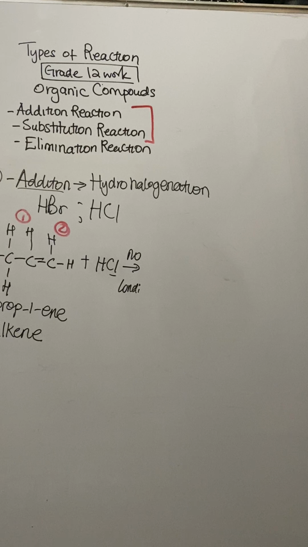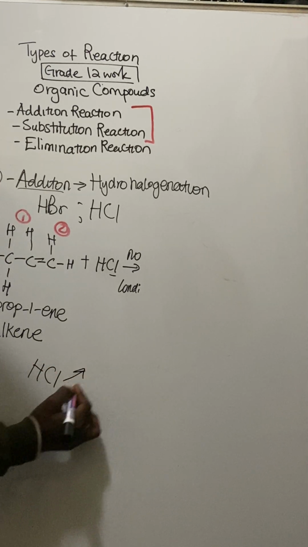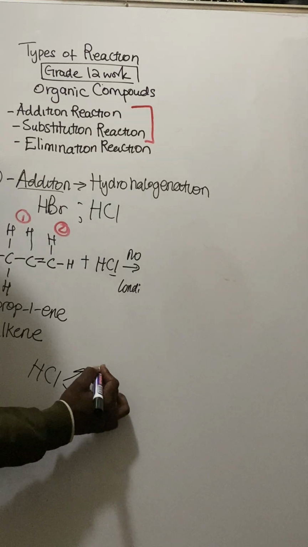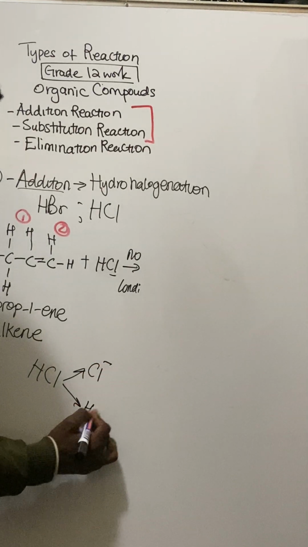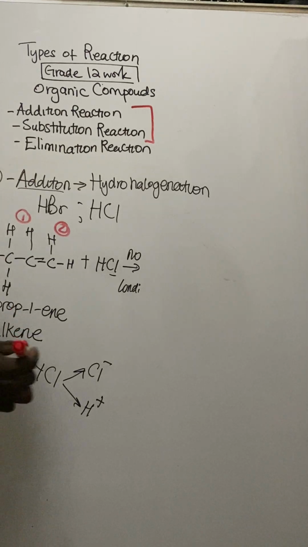So what is going to happen? The hydrogen chloride will break itself, making it Cl minus and H plus. Now what is going to happen? The chlorine ion will bond with the carbon with the least number of hydrogen atoms.